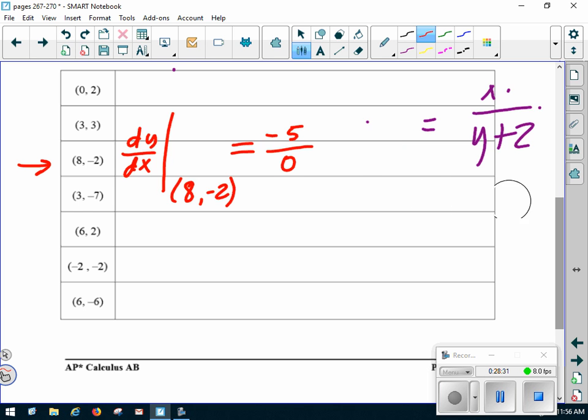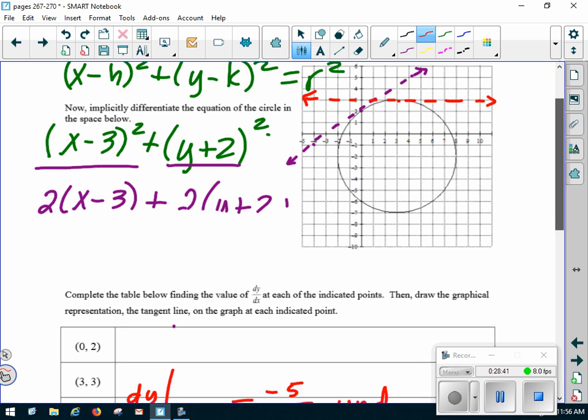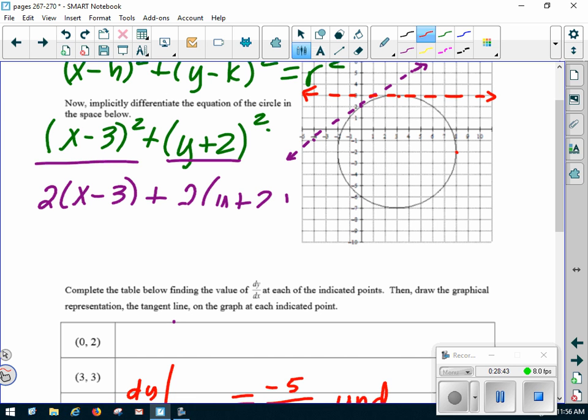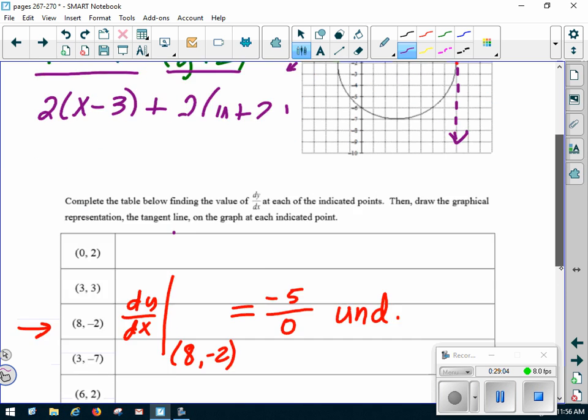How do you have a line that has an undefined slope? A vertical line. You go to the point 8, -2. Makes sense, doesn't it? Absolutely. That's my tangent line. But you've got to cross out the 8 over 0. You just write that down. Slope is undefined. Yep.